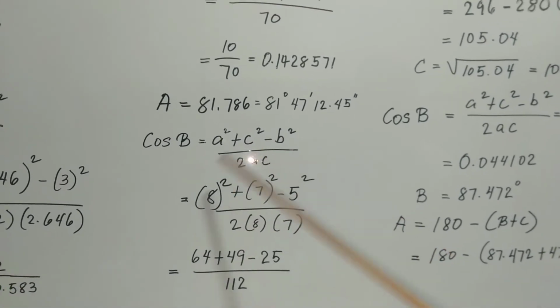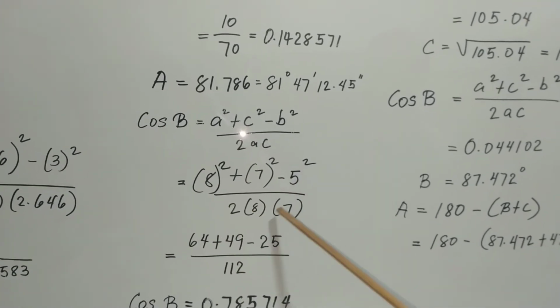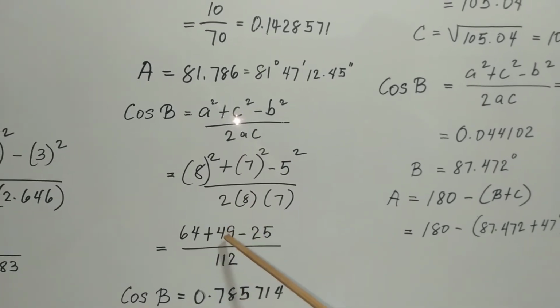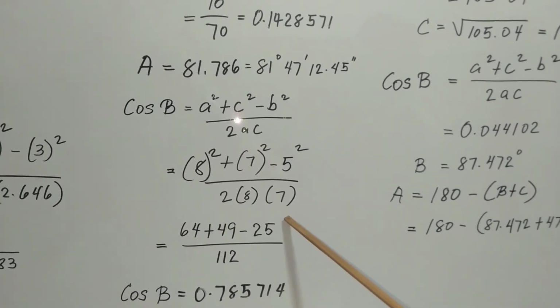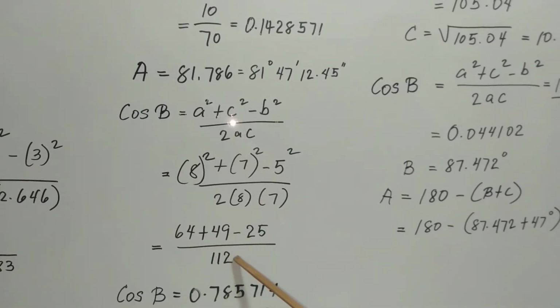So we just substitute again all the values. a squared plus 7 squared minus 5 squared over 2ac, to be 2 times a times 7. Substituting all the values, you get 64 plus 49 minus 25 over 112.